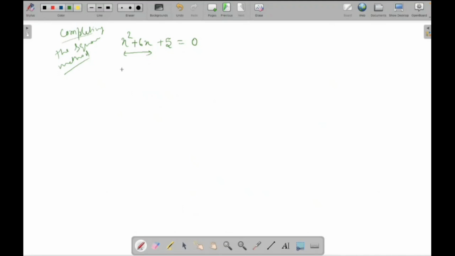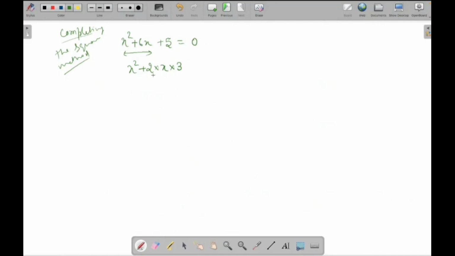So if I'm looking at x square plus 6x, this is x square, and then 6x I will try to break into 2ab, where a is x already, and then b is going to be 3, because then it is going to become 6x.